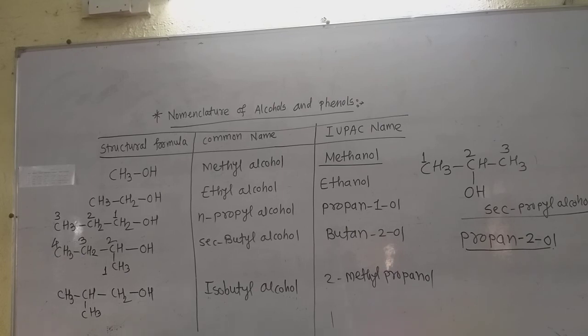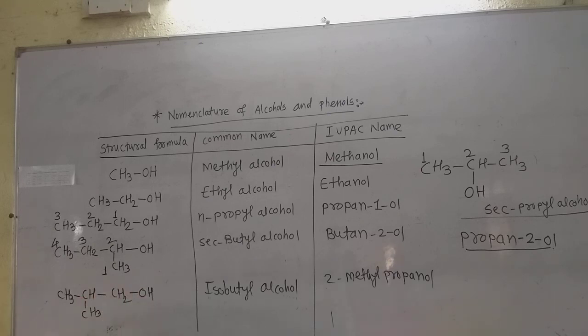We know that this is the secondary butyl alcohol because the OH group is attached to the second carbon atom having 1 hydrogen, as in the secondary propyl alcohol. How do we identify a secondary alcohol? If the OH group is attached to the second carbon containing only 1 hydrogen, those are the secondary alcohols. Now as it contains 4 carbon atoms, it is the secondary butyl alcohol.